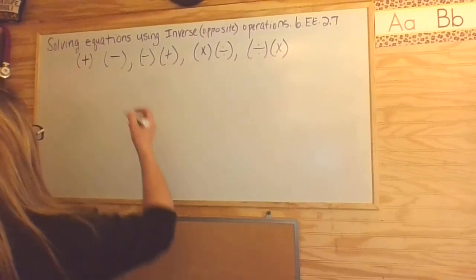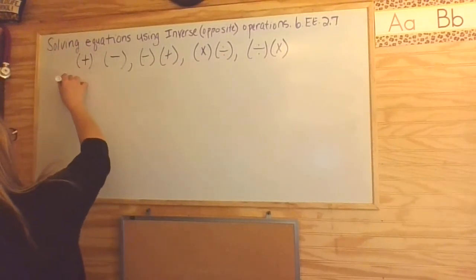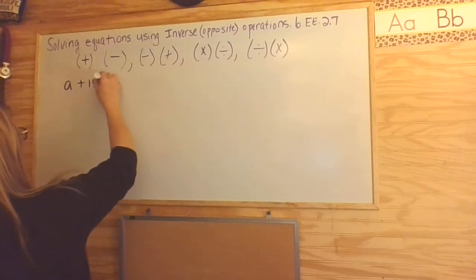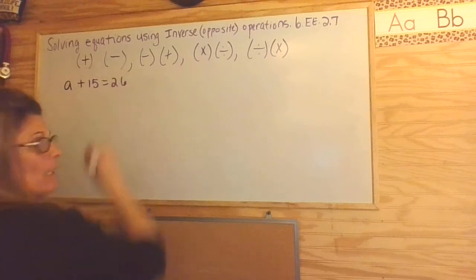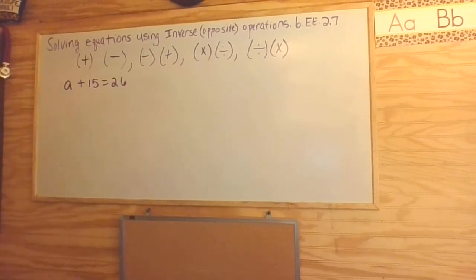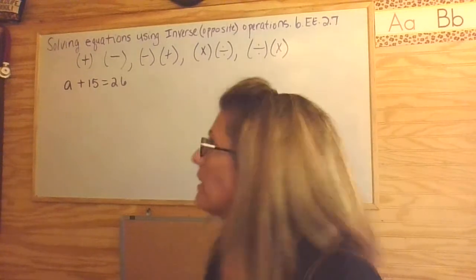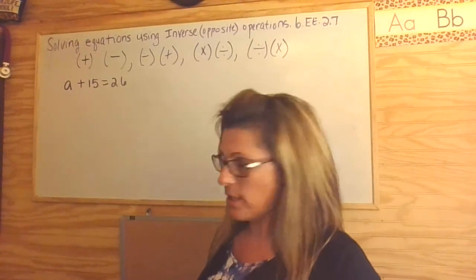I'm going to write an equation up here on the board. The first one is going to be using the inverse operation of addition. As you can see, this equation says a plus 15 equals 26. We know that an equation is a mathematical statement that shows two equal expressions.